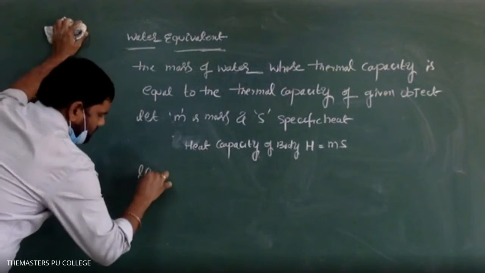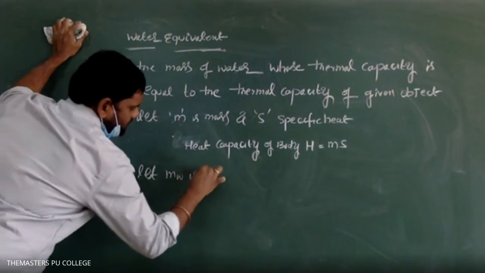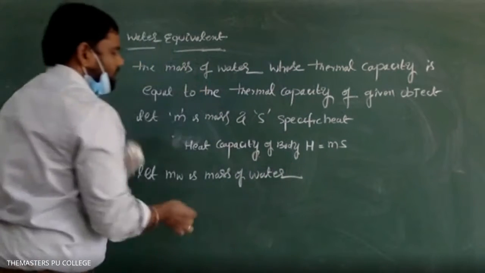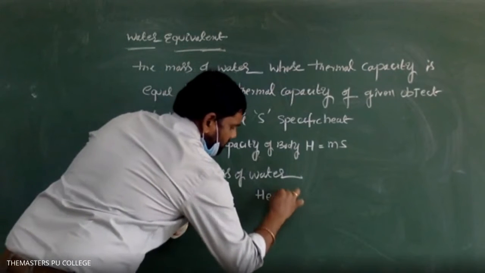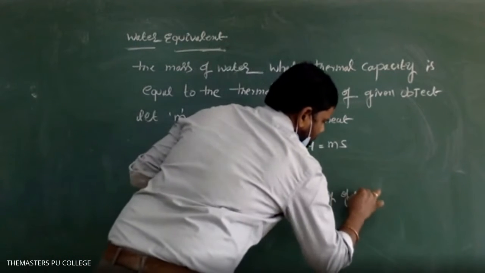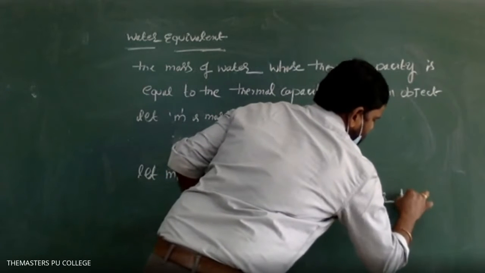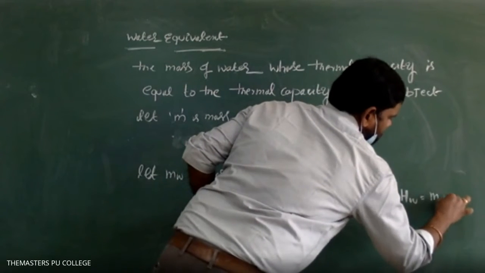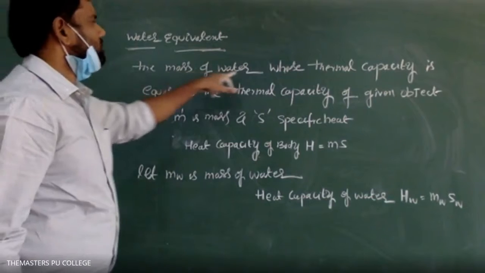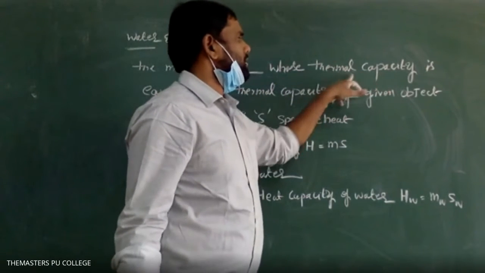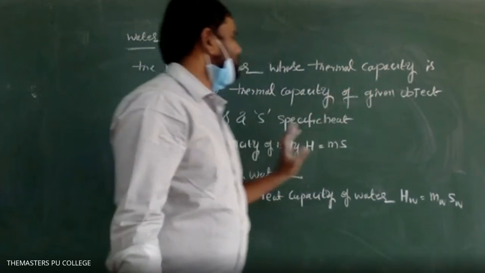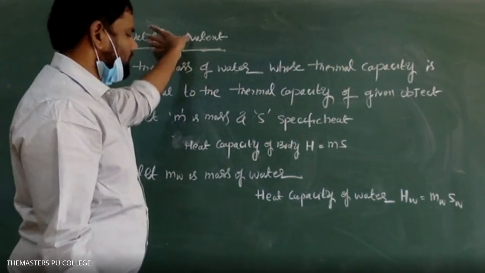Let MW be the mass of water. Then what is the heat capacity of water? Heat capacity of water, HW, is equal to mass of water into specific heat of water. According to the statement, the mass of water whose thermal capacity or heat capacity is equal to the thermal capacity of the given object, that particular mass of water is known as the water equivalent.